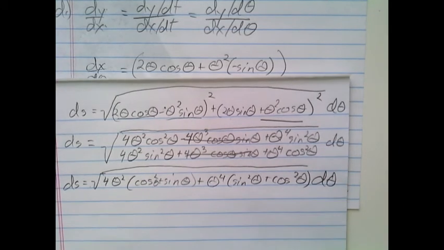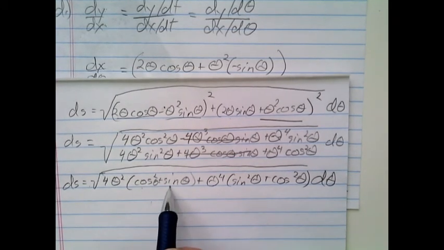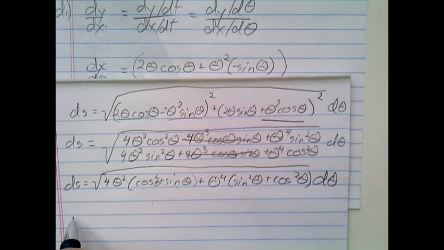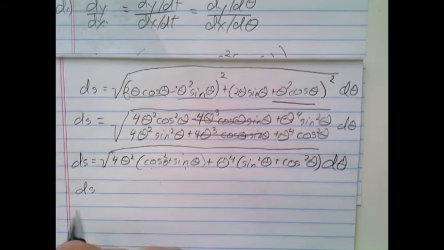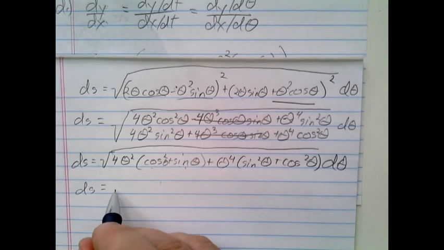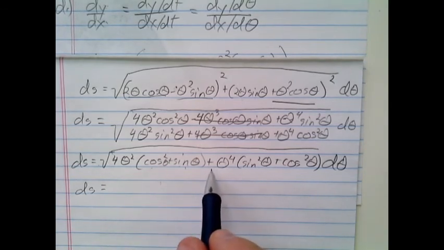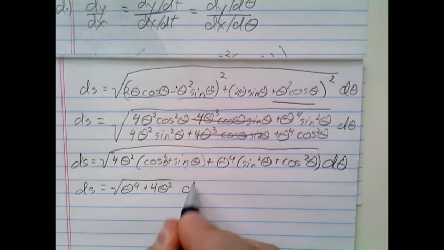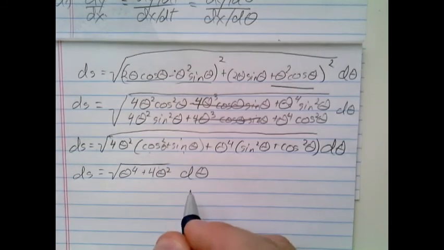And you probably remember that cosine squared theta plus sine squared theta equals 1. So this goes to 1, that goes to 1. My arc length differential is just, I'm going to switch up the order here, it's just the square root of theta to the 4 plus 4 theta squared d theta.